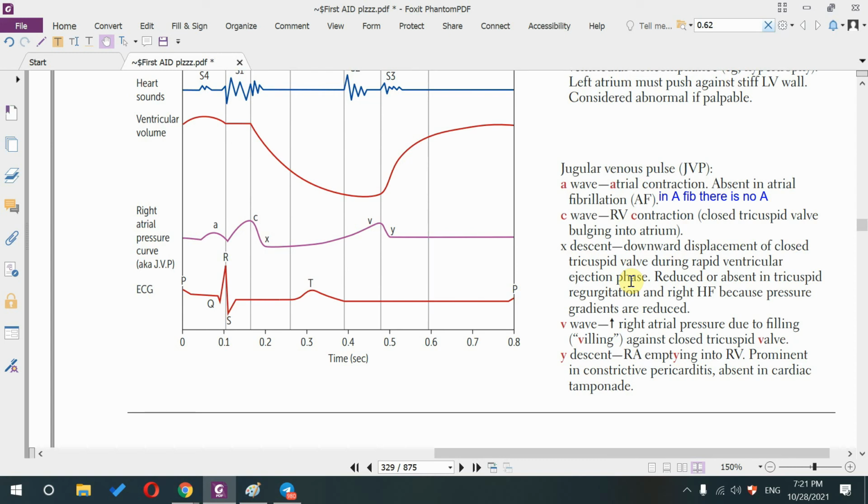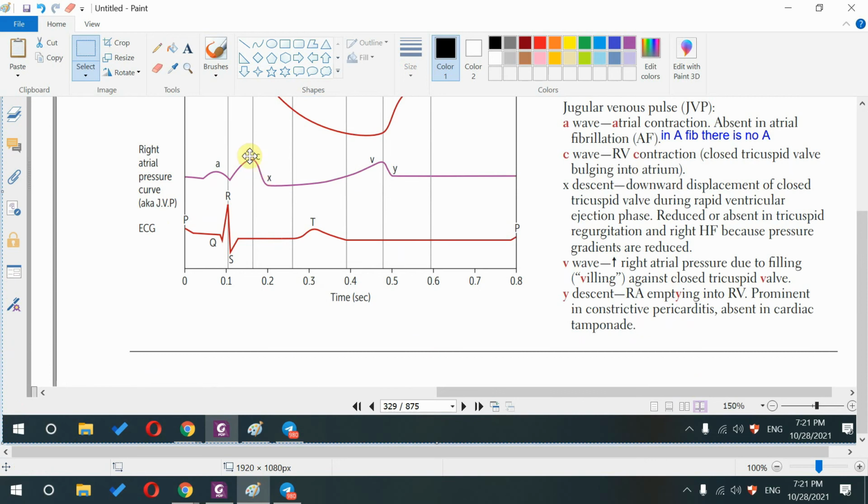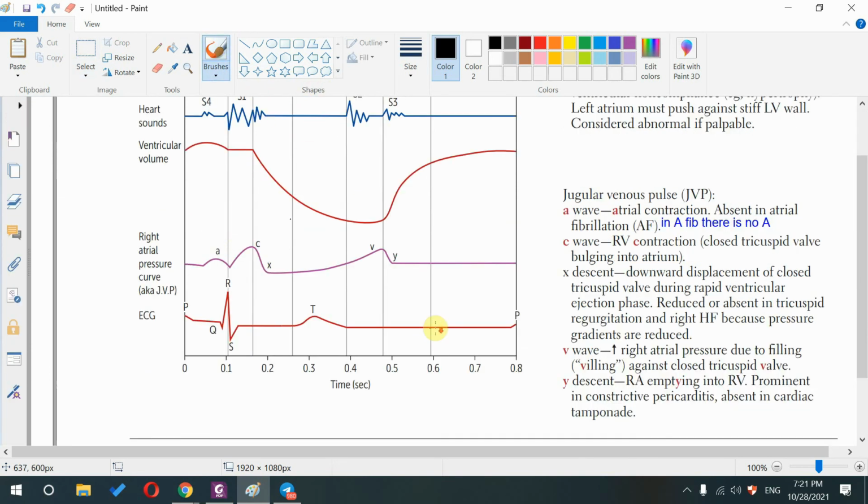Which condition? Imagine this person having regurgitation. Okay, guys? If he's having tricuspid regurg, the tricuspid valve will not be able to close fully, because it's a problem in closing.